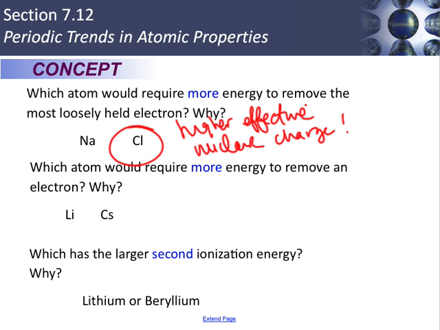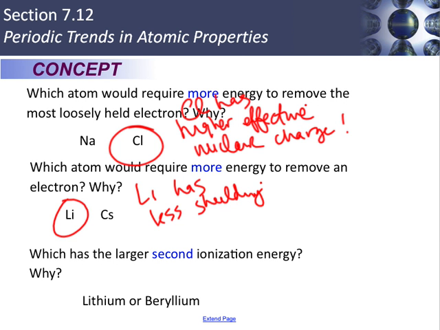Okay? Which atom would require more energy to remove an electron? Lithium or cesium? Lithium. Why? Less shielding. Li has less shielding, or you could say less nuclear pull, or less distance from the nucleus. That last electron has less distance from the nucleus, whichever.